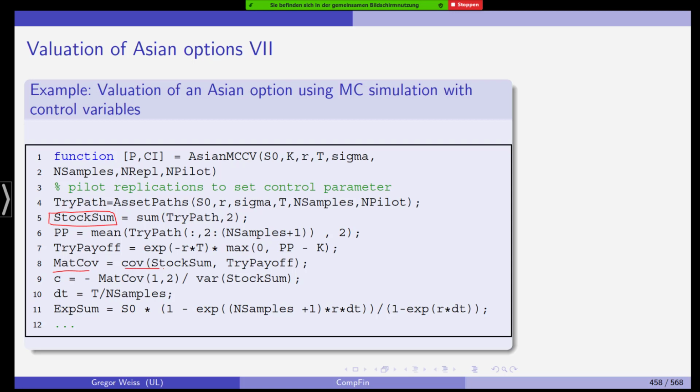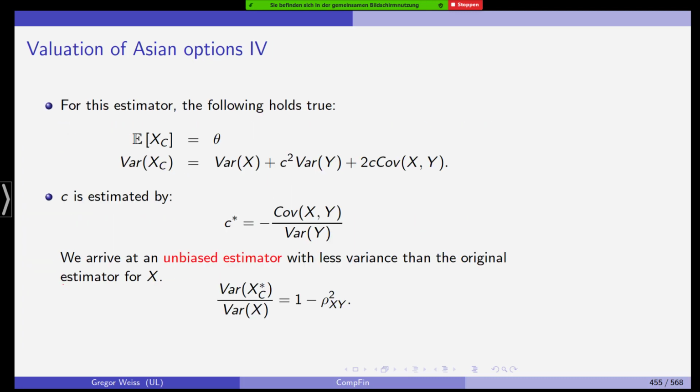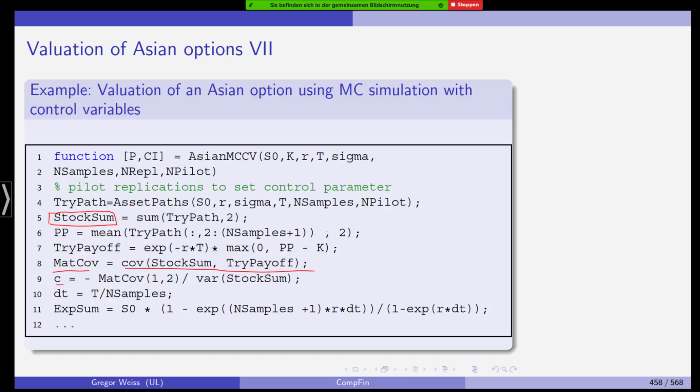So this is the covariance of stock sum and tri-payoff, and then c, the parameter, because again, remember, we need the covariance between x and y divided by the variance. So we take c as minus the MATLAB covariance matrix, divided by the variance of stock sum, and then it's the same as before.